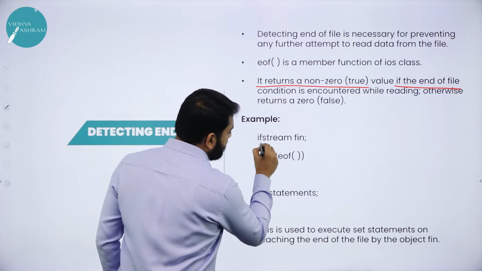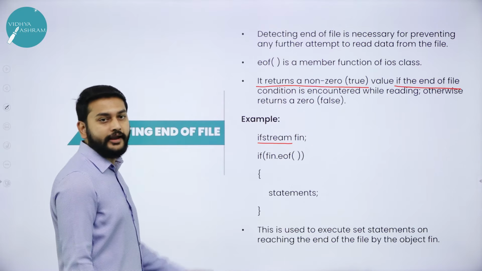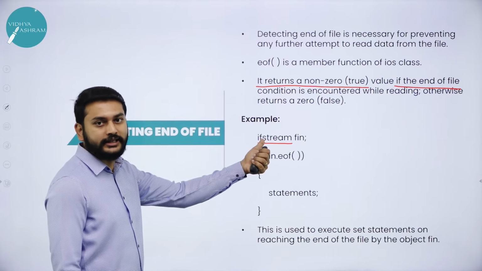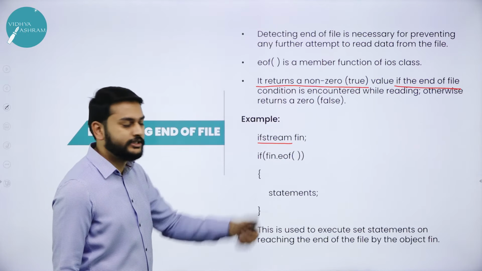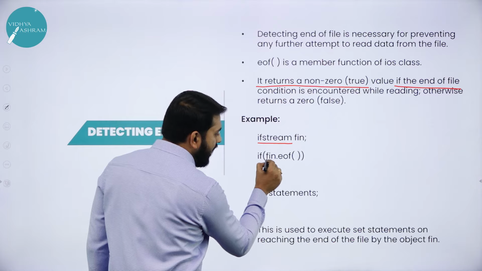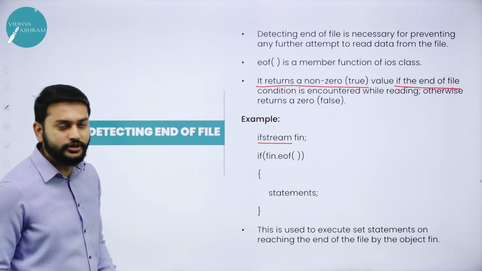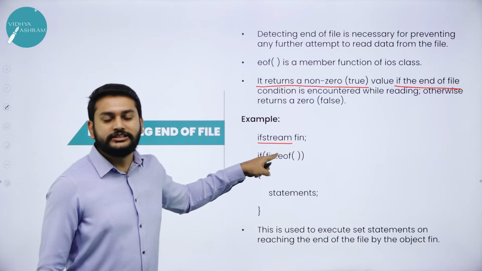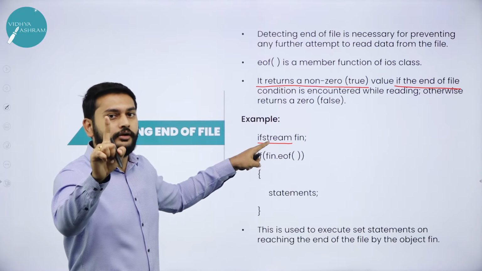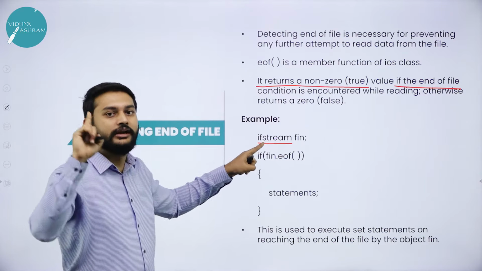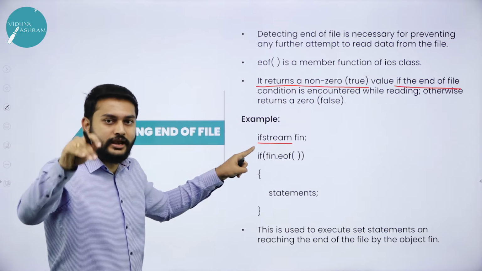Same thing, I have a stream. This is a class, and I'm creating the object for this. EOF is a function, and this function will return 1, meaning true, when it reaches the end of the file.